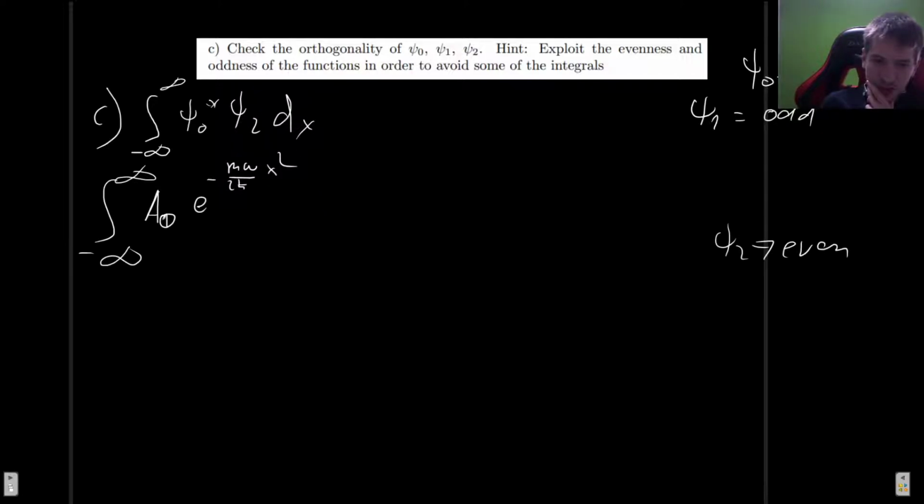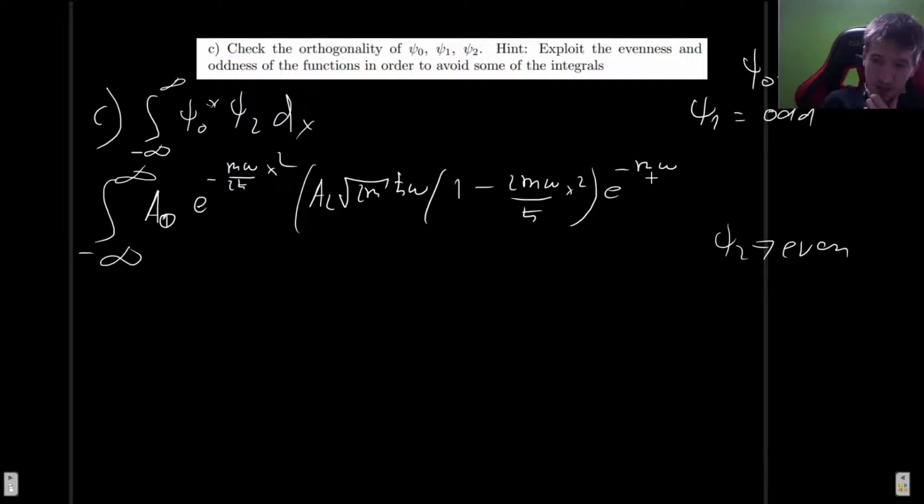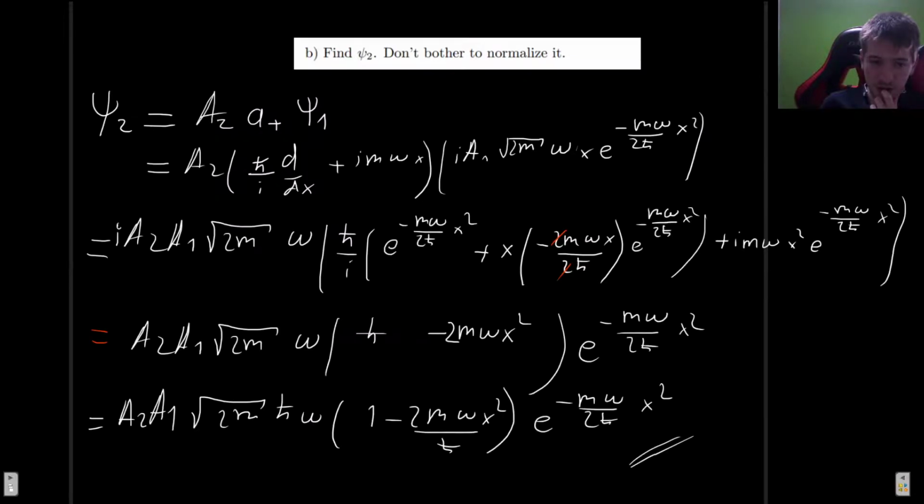And psi2, we just found it. I don't really remember what it is. It was a2 square root of 2 over m h bar omega. Okay, I lied, I think I do remember it. Minus 2 m omega x squared divided by h bar, times e to the minus m omega over 2 h bar x squared. I think that was it. Let me just make sure.